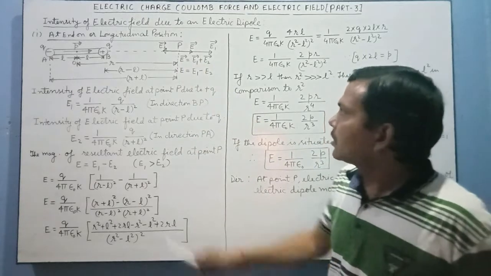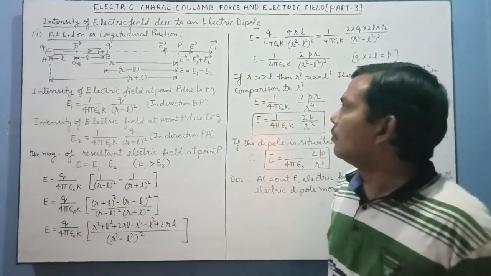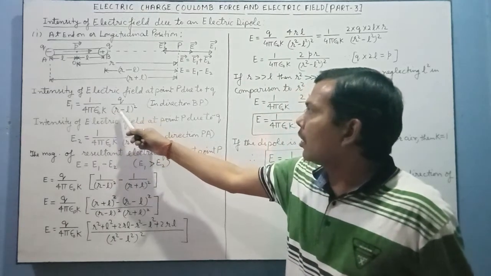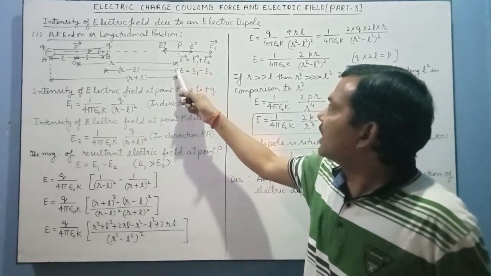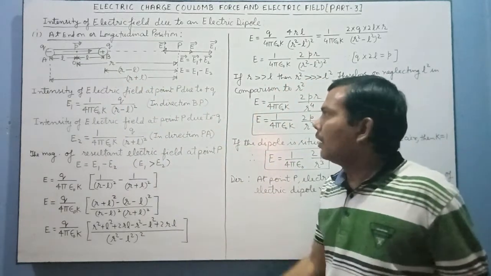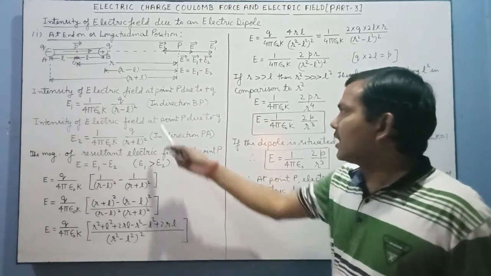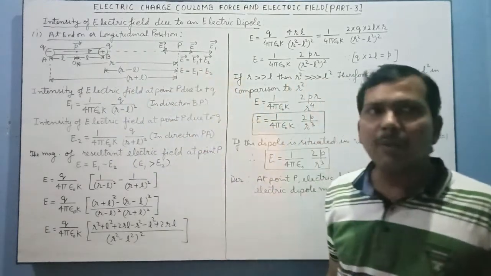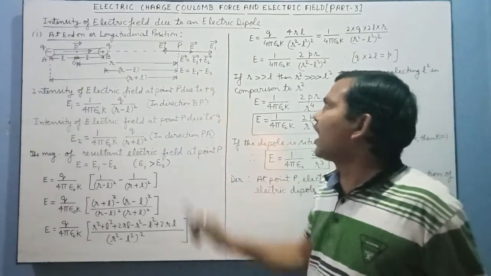P. First, the electric field at point P due to charge plus Q will be E1 is equal to 1 upon 4 pi epsilon 0 K, Q upon R minus L whole square. Since R minus L is the distance of this point from charge plus Q, the direction of electric field E1 at point P is along BP, from B to P. This direction can be obtained at point P by using a test charge.